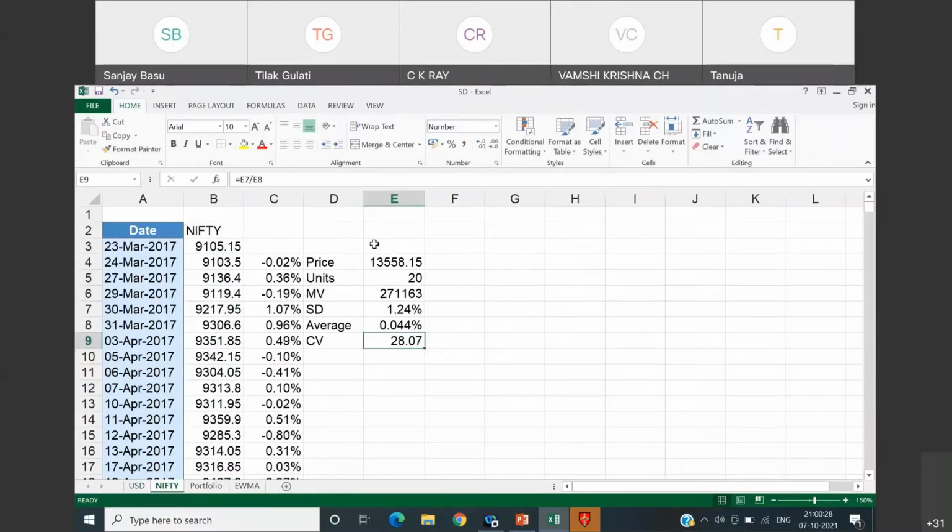A very popular measure called value at risk was built on standard deviation to begin with. It was called variance covariance. I'll come to that. So standard deviations are comparable, right, across all securities.